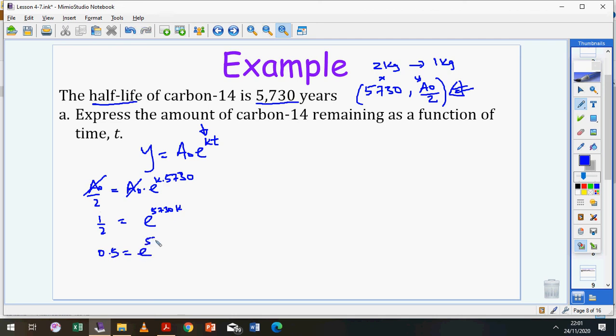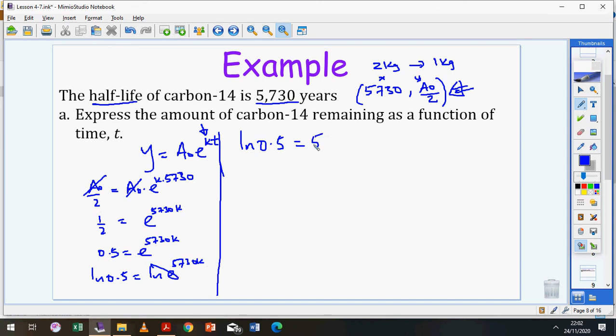Introduce natural log on both sides. Natural log 0.5 equals natural log e to the 5730 k. So I have natural log 0.5 is equal to, natural log e cancels out, so I have 5730 times k.